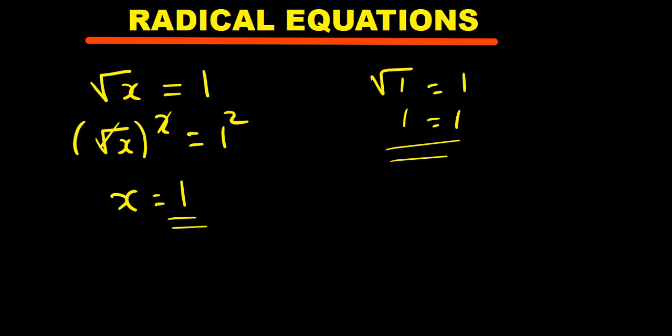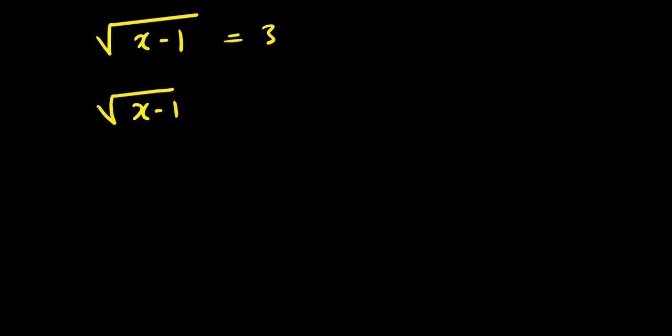Okay, then let's solve another one. What if you are given the square root of x minus 1 equals 3? Likewise, you are going to square both sides, so 3 squared.